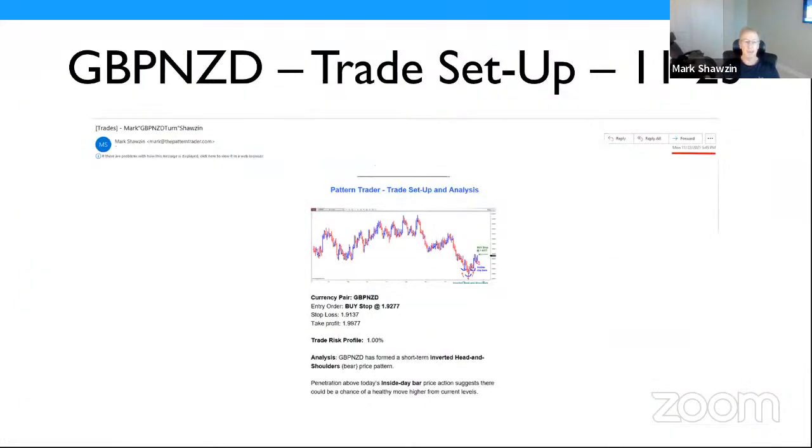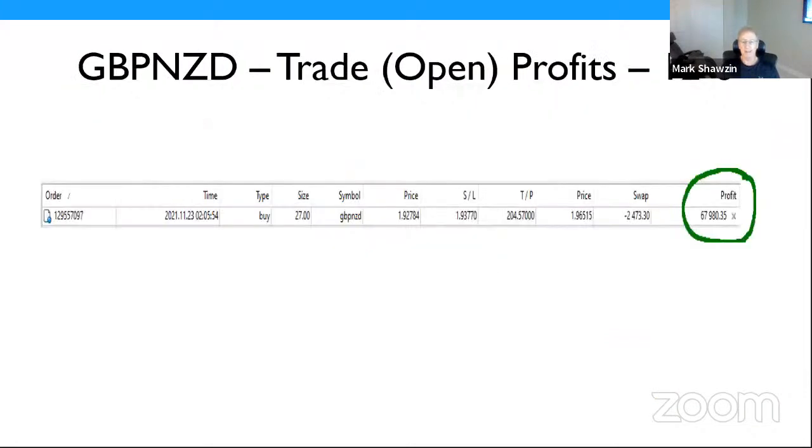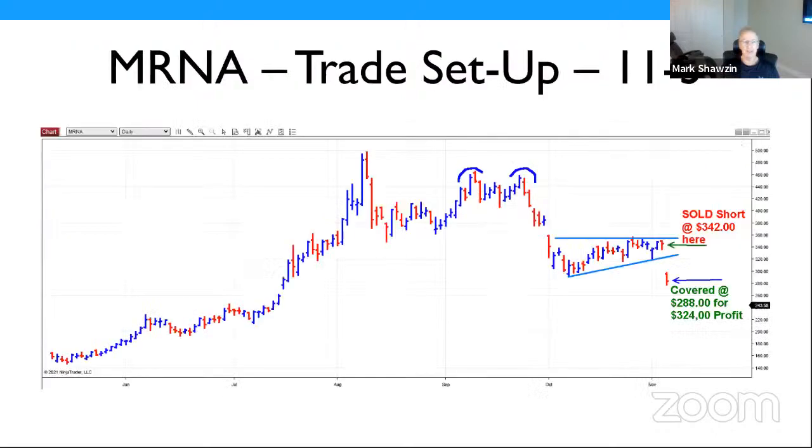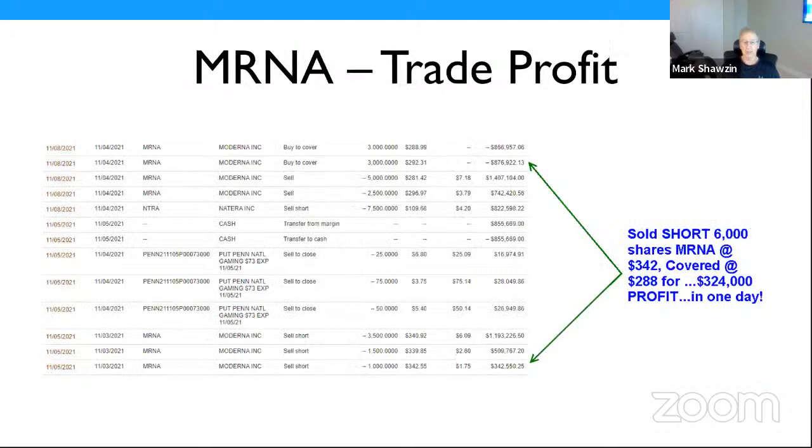Yesterday I showed you how I set out my entries, and then it was up 60,000 on this trade. This was Moderna. I made $324,000 in one day, just looking at technical price action.